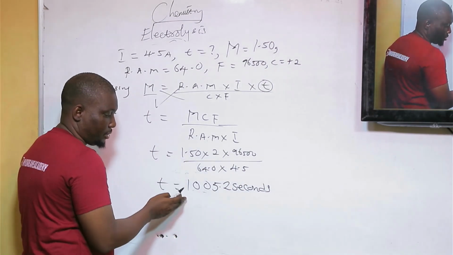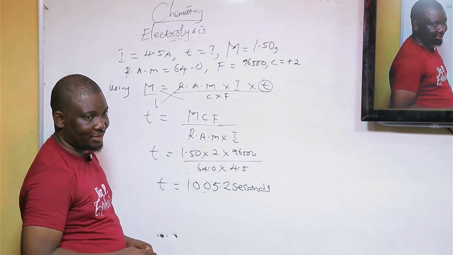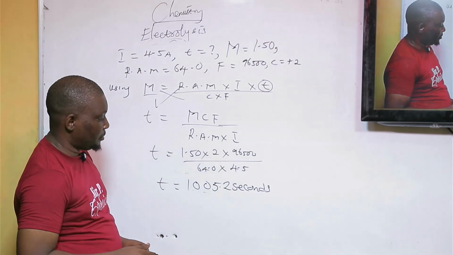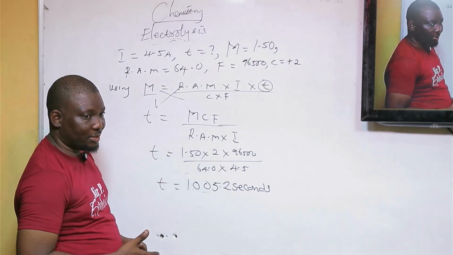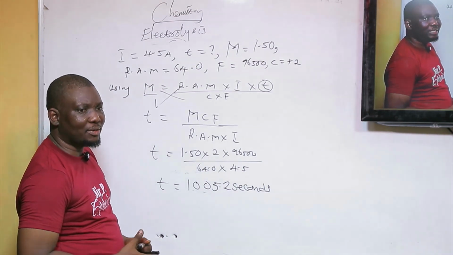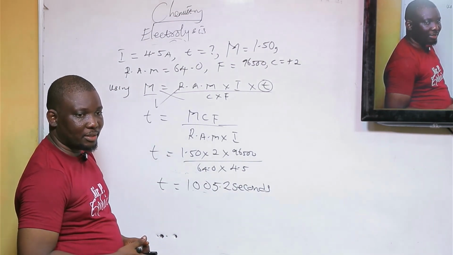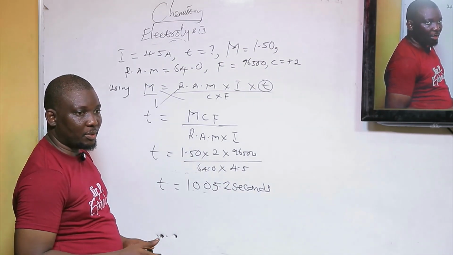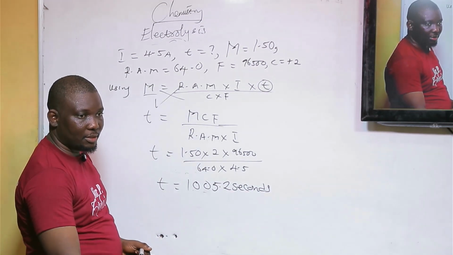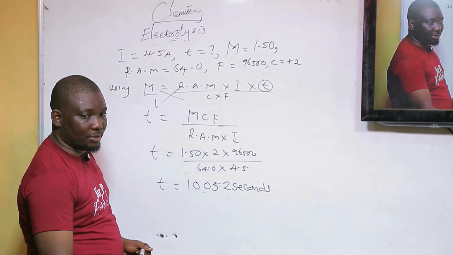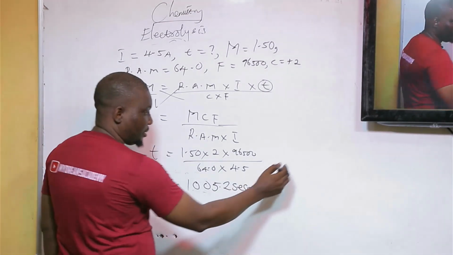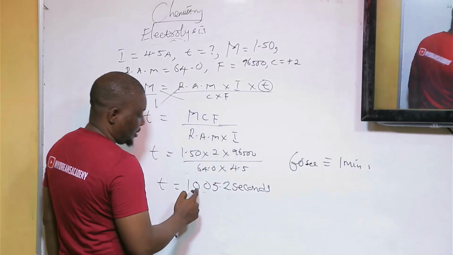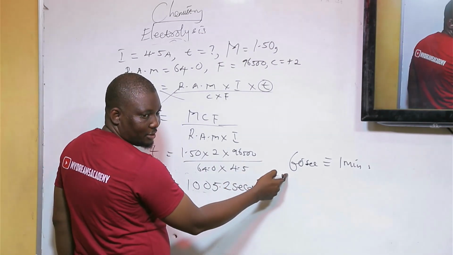So how then do you convert seconds to minutes? You divide by 60. Let me put it this way: 60 seconds make 1 minute. So how many of these seconds will now make it minutes?